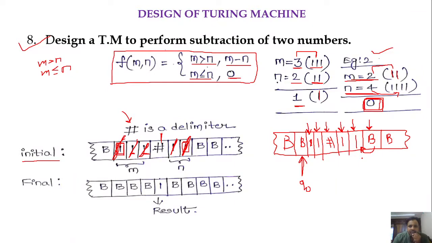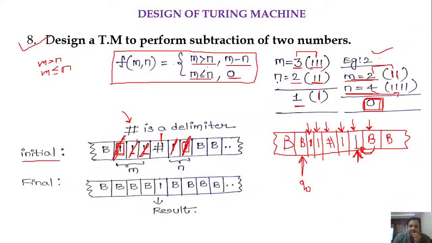How do we find out the last symbol which is there in n? For that, first we have to find the blank. Once we get a blank, if we move the head towards left, we will get the last one which is there in n. The moment we get a blank, we move the head towards left, and we will get the 1.